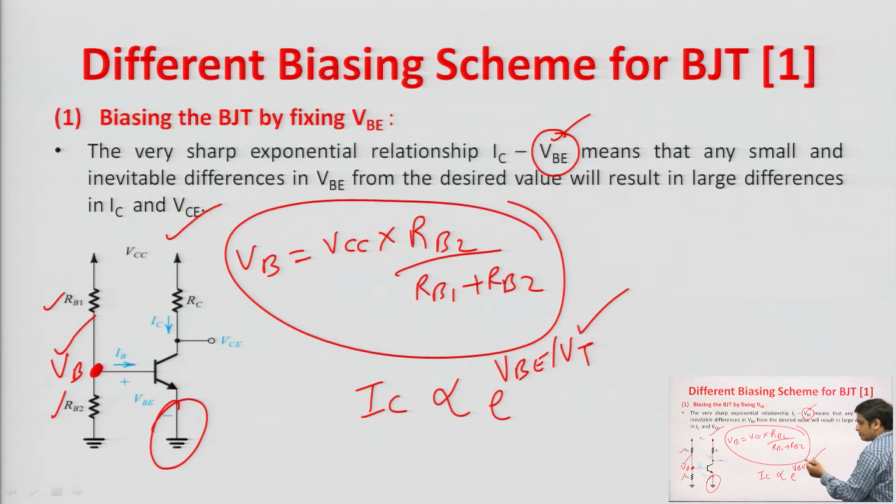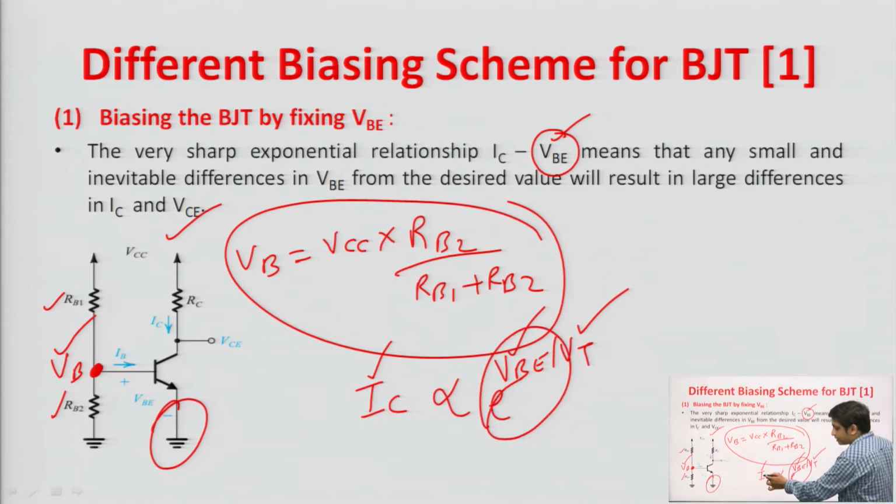VT is the thermal voltage, VB is the base to emitter voltage. So, if your VB changes slightly, then you will see a large change in collector current, because VB is in the exponential power. So, it will shift the operating point, that is undesirable.